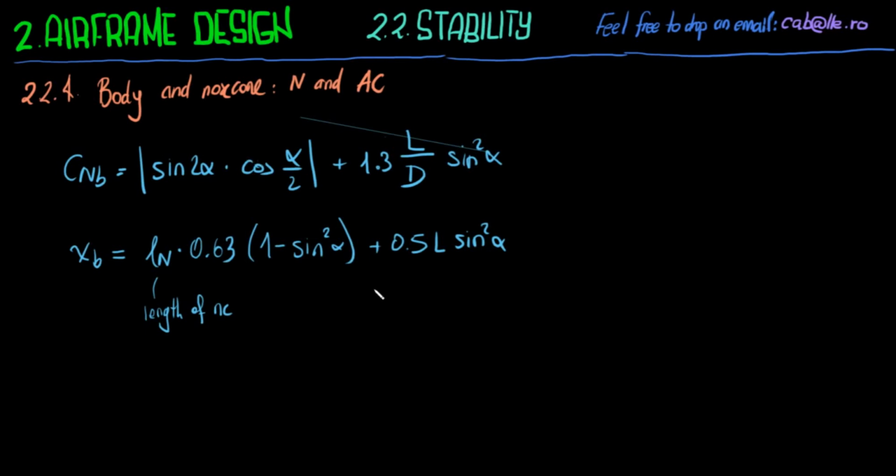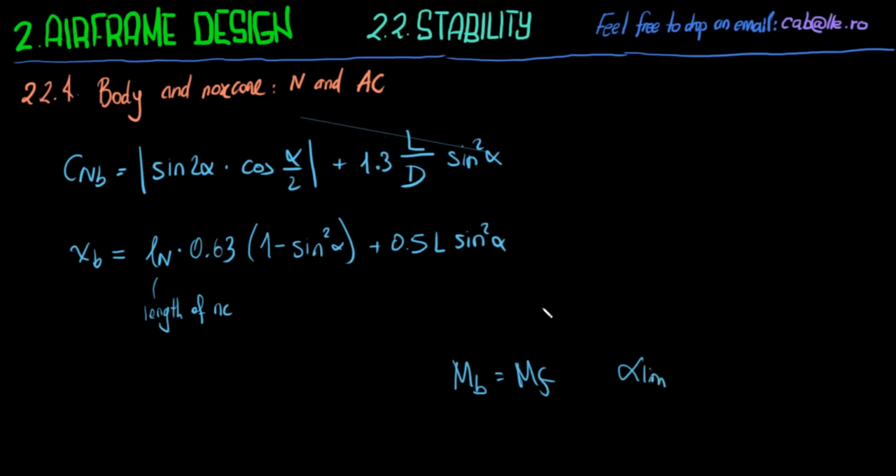Let's say that there's gonna be some point in which the moment of the body is gonna be equal to the moment of the fins at a certain alpha. Let's call it alpha limit.